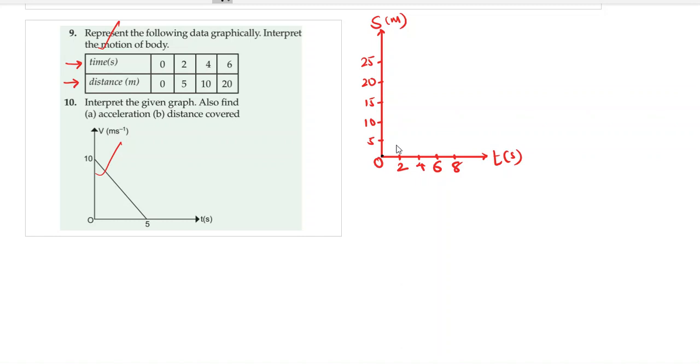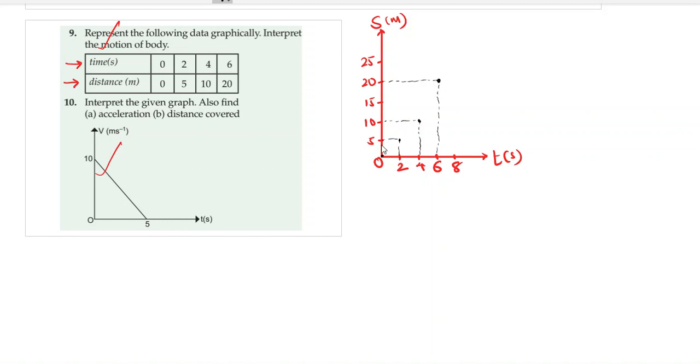The second point is 2, 5. The third point is 4, 10. If you draw a straight line, you will understand where 4, 10 and 2, 5 lie, right? And the next point is 6, 20. In 6 seconds, the body travels 20 meter distance.